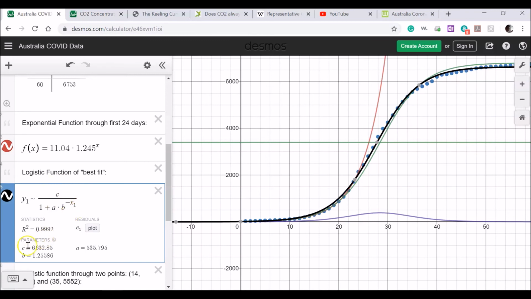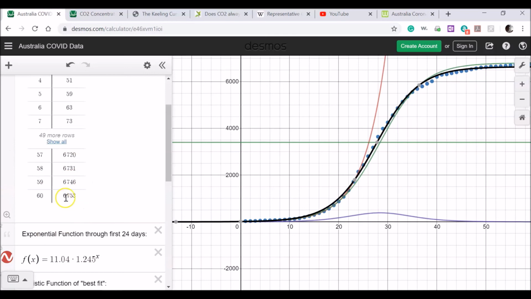A, B, and C. If you use that tilde symbol, it will give you the approximate values of all of them, to give the error the lowest. I didn't do that in this because it gives me a C value, an upper bound, of 6,600, even though my data is actually going above that.